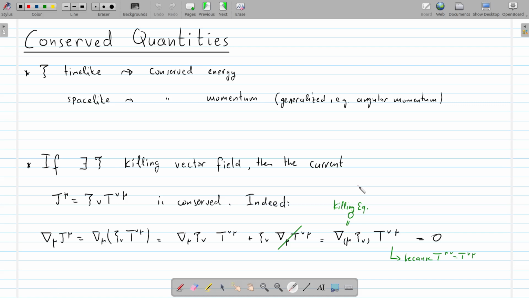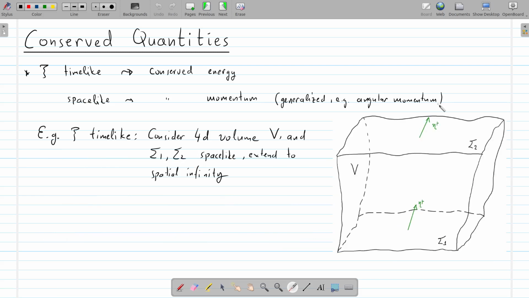Therefore, the divergence of the current is zero, and we know that this leads to conservation laws. In fact, if xi is time-like, we will see that this will enable us to define a conserved energy on the manifold. In fact, on space-like surfaces of the manifold. And if xi is space-like, then we can have conserved momenta. But of course, there will be generalized momenta, like for example angular momentum, depending on the type of the coordinate that the space-like Killing vector will correspond to.